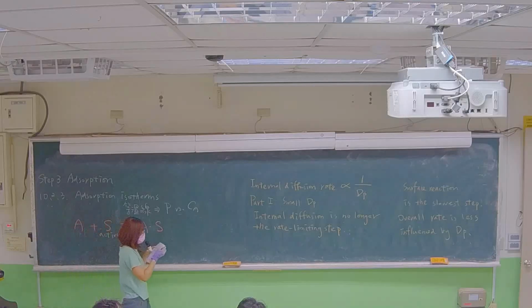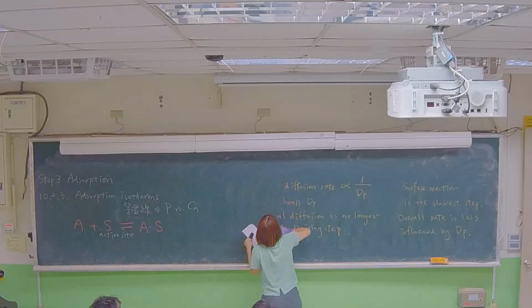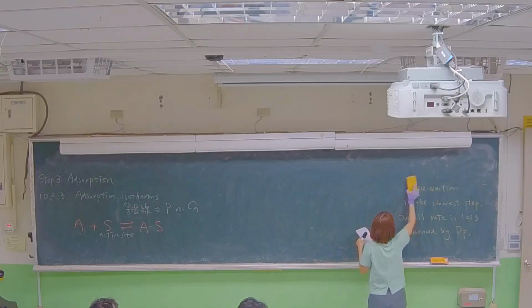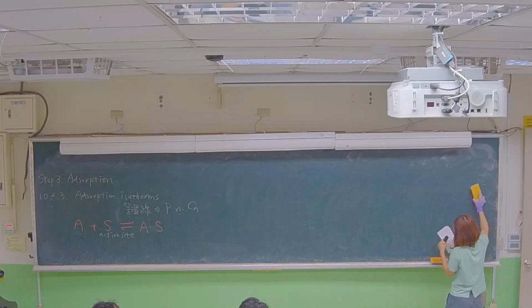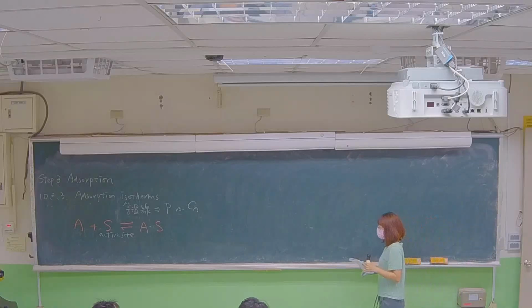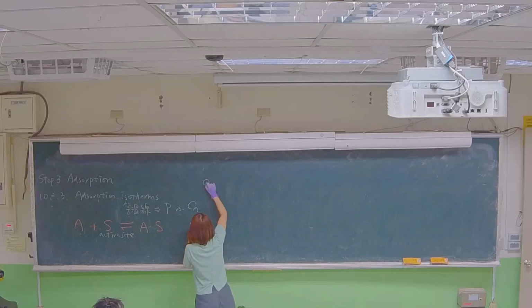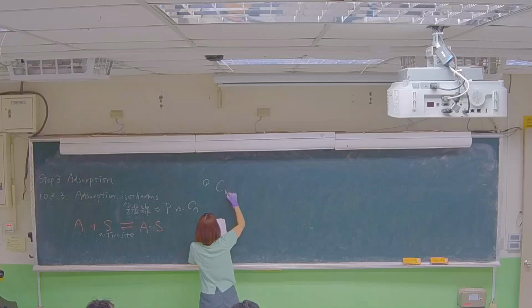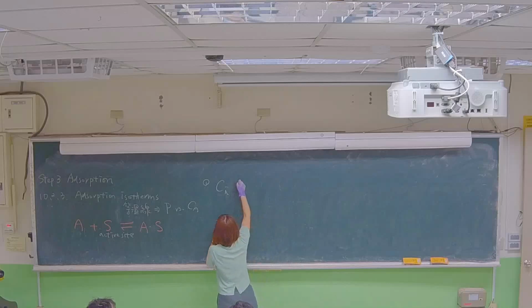Okay, and then let's see some definition. The first definition here is the total molar concentration of active site. Okay, CI, first definition. You can see the first one, CI, and also you can see the unit.